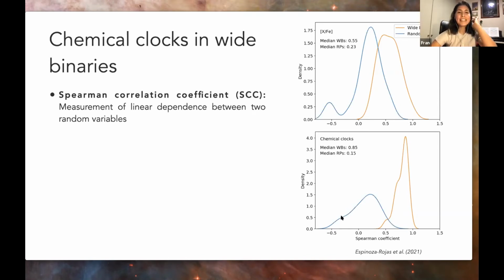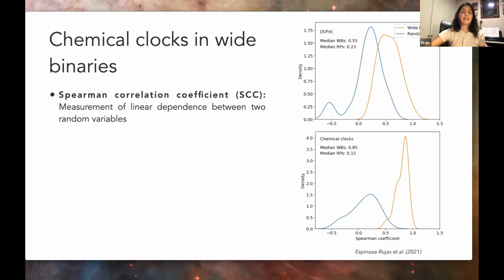You can see that the distributions found for chemical clocks are very different from each other, because, for example, the one for random pairs peaks at 0.1, while the one for white binaries peaks at 0.8. Moreover, the areas covered by each distribution almost do not overlap, which means that there is a very low chance that stars that do not necessarily have a common origin can have the same chemical clocks.